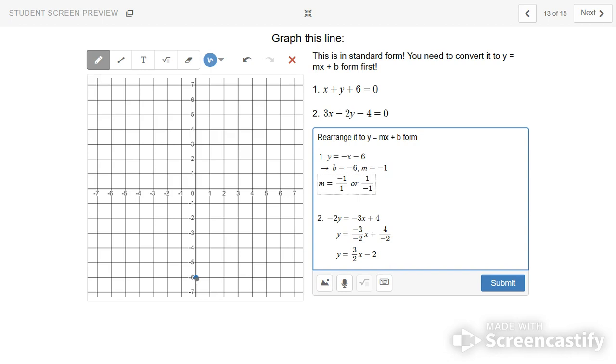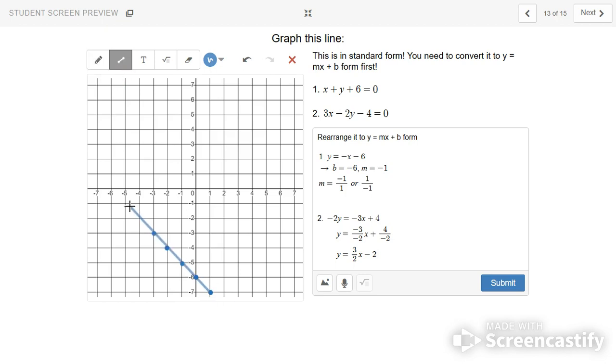I can use my first one, down 1 and to the right once, and then I'm going to use the other one to go the other direction. Up 1, across by 1, up 1, across by 1. You see the pattern. Okay, our line here is going to be y = -x - 6.